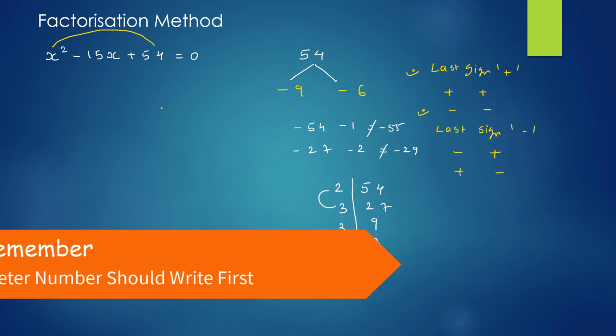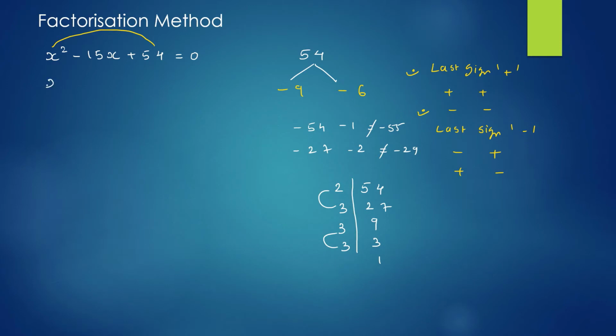Okay, now let's solve the sum. x square minus 9x minus 6x plus 54 is equal to 0. So in respect of 15x, we are writing minus 9x and minus 6x. Now from the first two terms, we will take x as common. Here x square is already there, it means x times x.